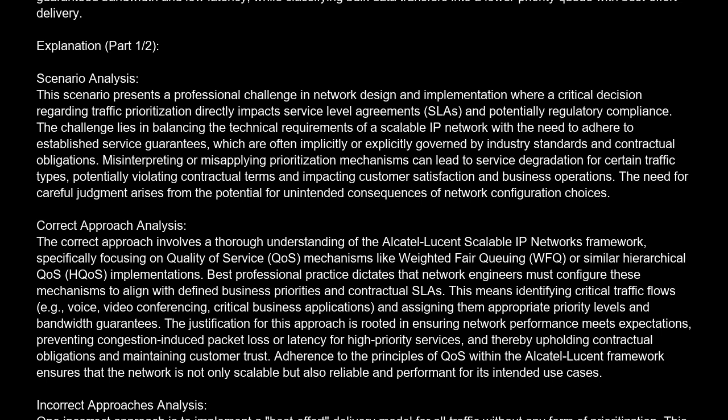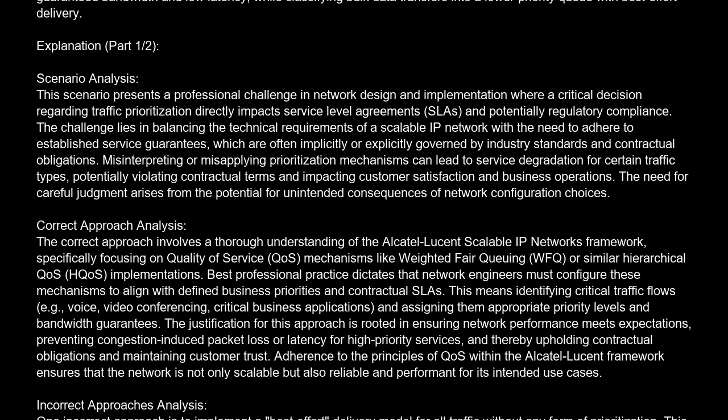Correct approach analysis. The correct approach involves a thorough understanding of the Alcatel-Lucent Scalable IP Networks framework, specifically focusing on quality of service, CoS mechanisms like weighted fair queuing (WFQ), or similar hierarchical CoS, HQoS, implementation. Best professional practice dictates that network engineers must configure these mechanisms to align with defined business priorities and contractual SLAs.